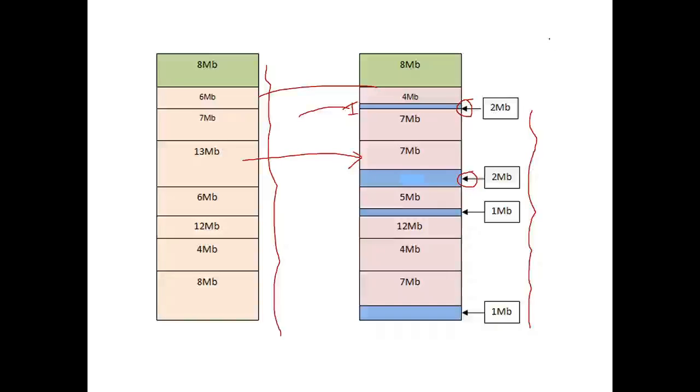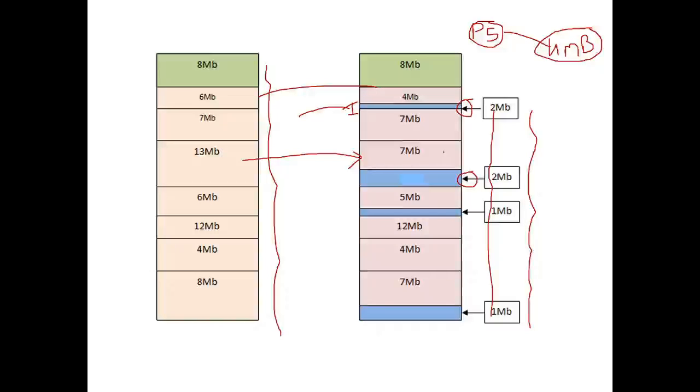Now suppose one process comes with 4 MB. You can take that process name as P5. Now you can see in this memory how much memory is available. This is 2 MB, this is 2 MB, that is 4 MB, 5 MB and 6 MB. 6 MB memory is available in the main memory, and the new process has come with a request of 4 MB.